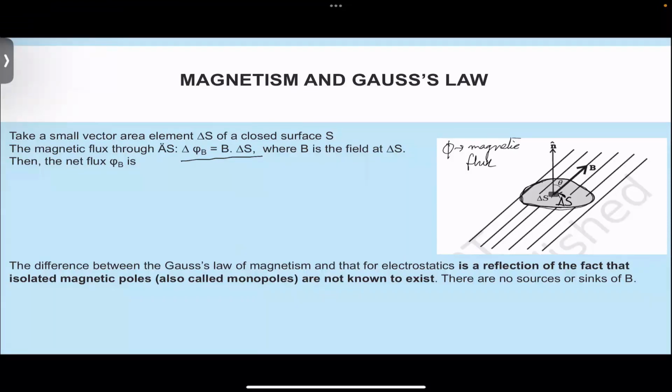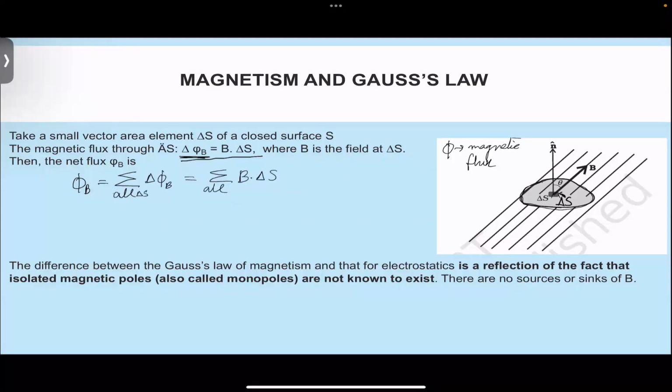Now this is for a small element, so we can find del phi B for all individual small area elements, and then calculate the net flux as a summation over all the area elements: phi B equals the sum of B dot del S over all del S.